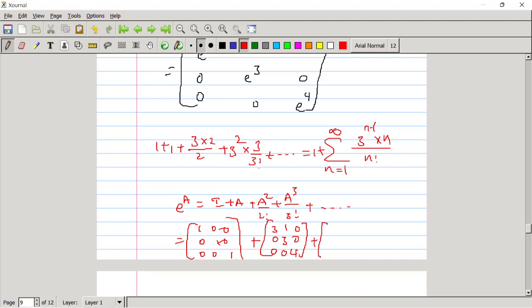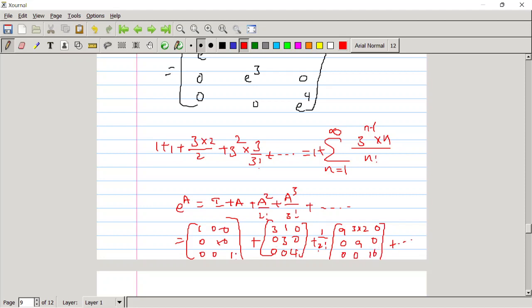For a square we get 1 divided by 2 factorial into 9, 3 into 2, 0 0 9 0 0 0, this is 16 plus and so on.